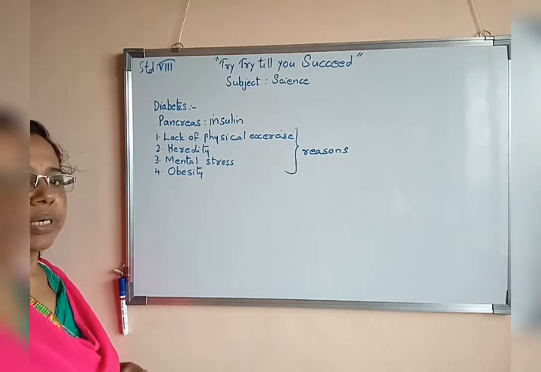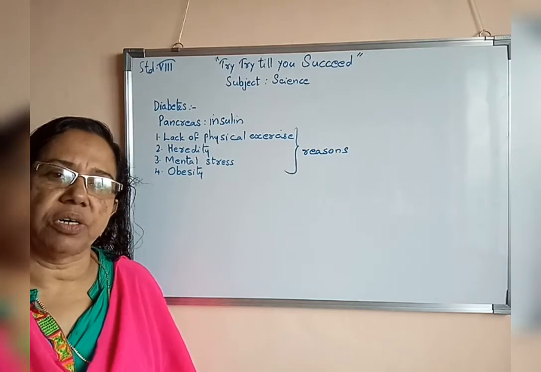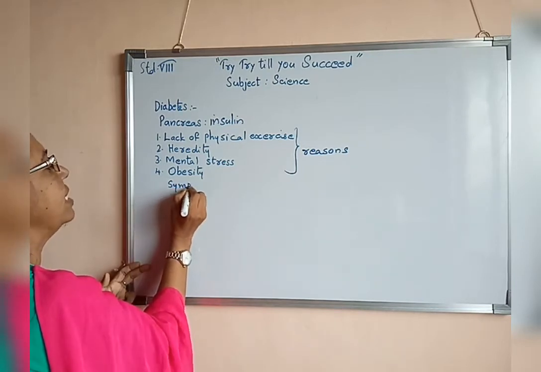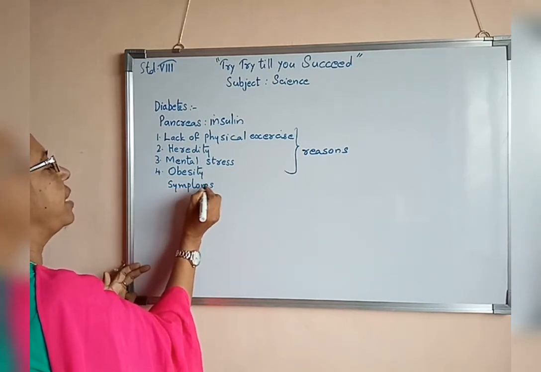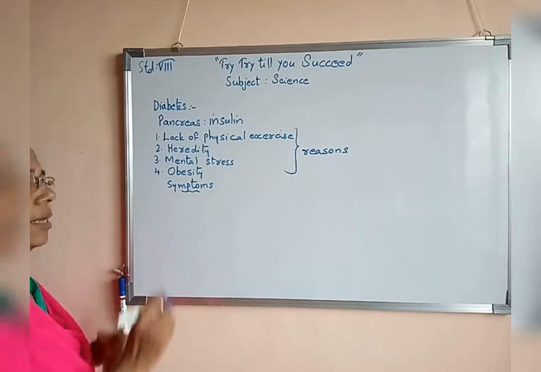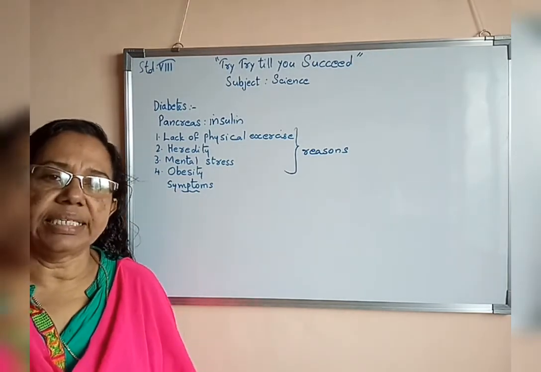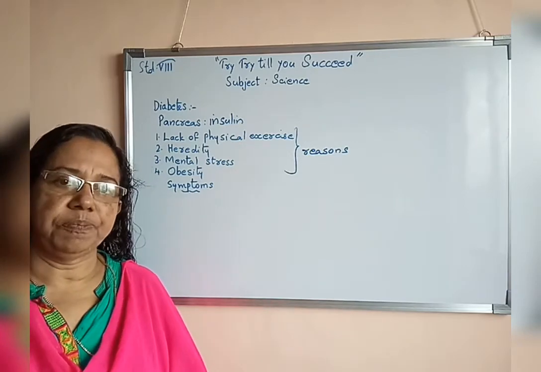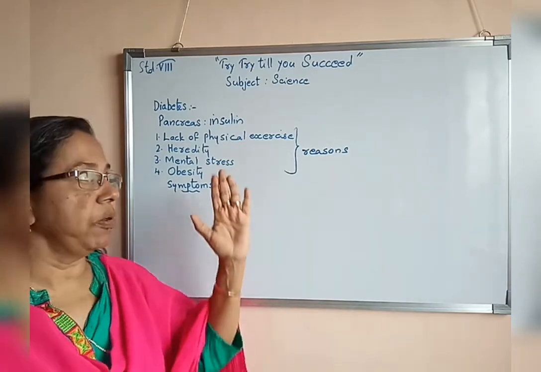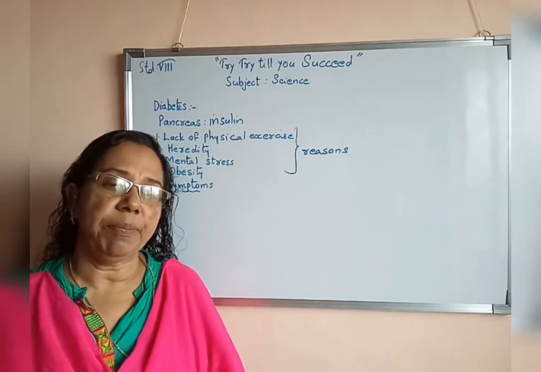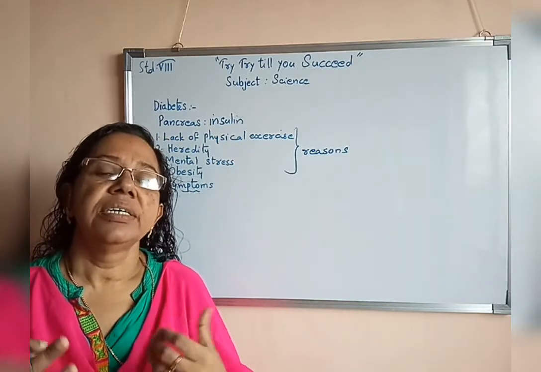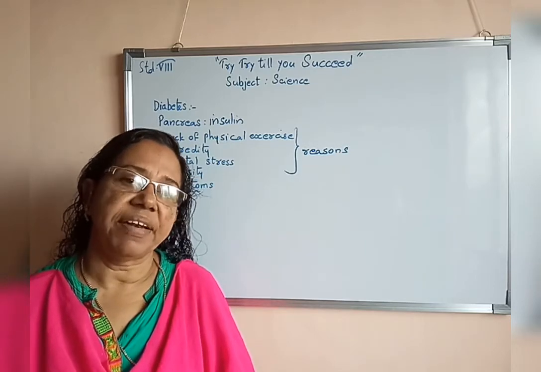Now we are studying the symptoms of diabetes. Symptoms means the signs of getting diabetes. One thing we can say is that there will be frequent urination at night. That means people suffering from diabetes will feel like going to urinate every now and then at night time.